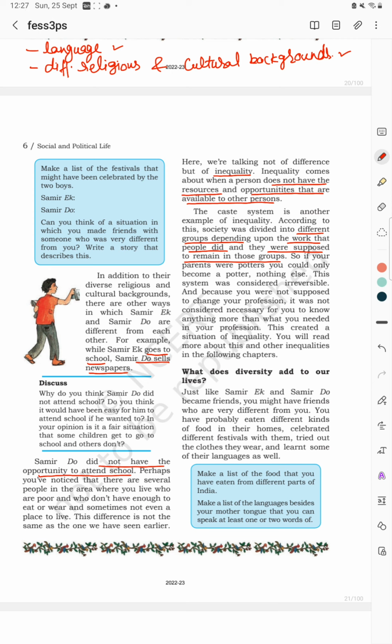That was the caste system, and that is an important aspect of inequality. So we can say the caste system promoted inequality.